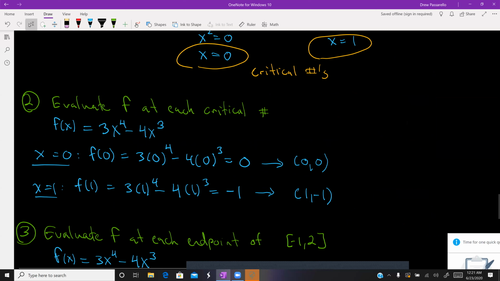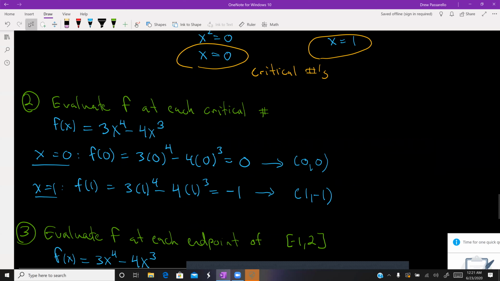When you plug in 0, you get 0 for its y coordinate, which means you have the point 0, 0. For the other critical number 1, when you plug in 1, it simplifies to give you -1. So the point is 1, -1. That's the second part of the guidelines.